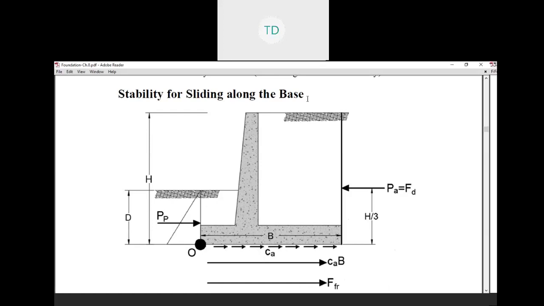This is the diagram with the retaining wall and the sliding force generated from O due to the passive pressure. Here is the active pressure, acting at height H by 3, one-third the height of the filling material.